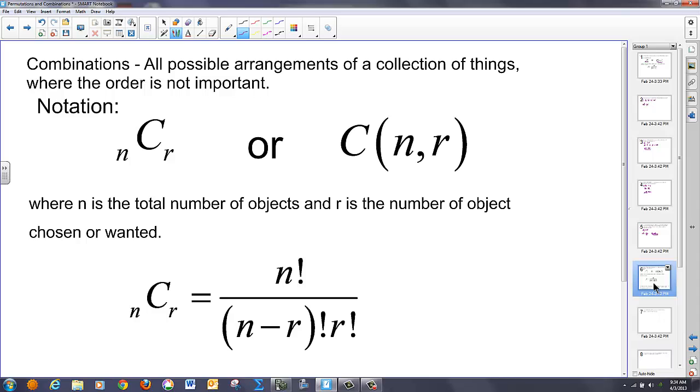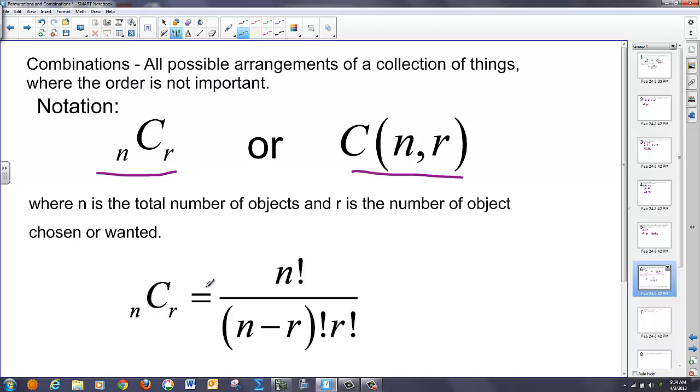We're going to move from permutations, which talked about arrangements with order, to combinations. And combinations are all the possible arrangements of these items where order is not important. So permutations dealt with order, combinations, order doesn't matter. Similar notation, instead of nPr we have nCr or C(n,r) depending on the book you're using.